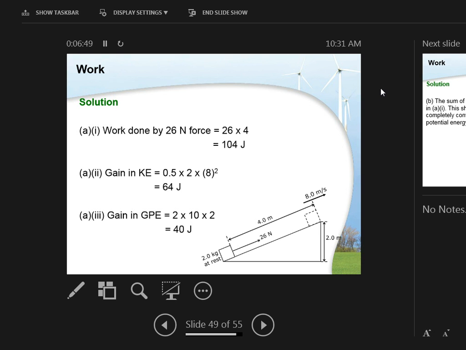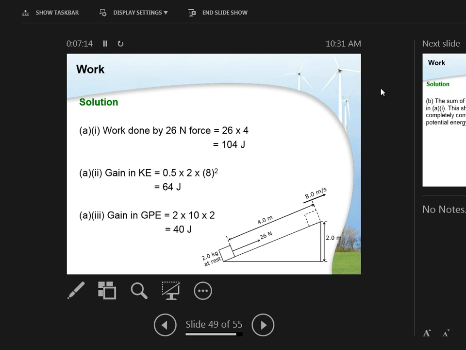KE plus GPE equals to? Makes sense, no? The person exerting a force of 26 newtons did work. How much work did he do? He did 104 joules. All this work is converted into two types of energy for the box.